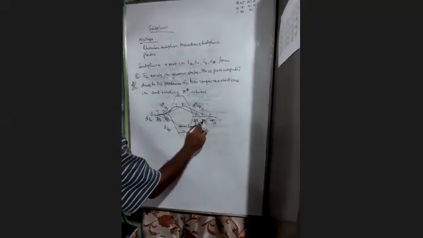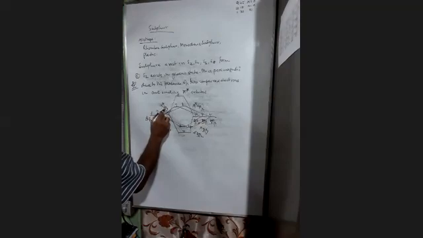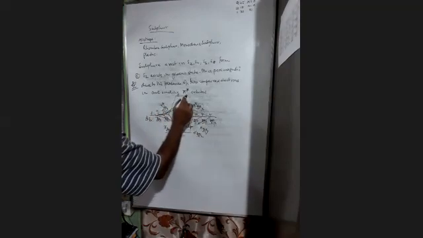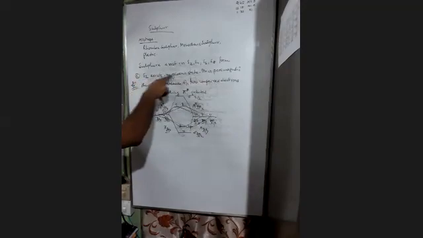I will convert this one into 3px, 3py, 3pz, and this is sigma star. So in the existing case, it is paramagnetic due to the presence of two unpaired electrons in antibonding pi orbital.